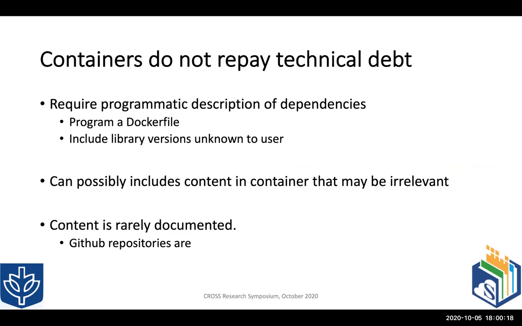And the user also has to specify the specific library versions that the application is using. Not only that, once the container is created, there is no guarantee that it only contains files that are necessary for that application. It may contain anything irrelevant as well.